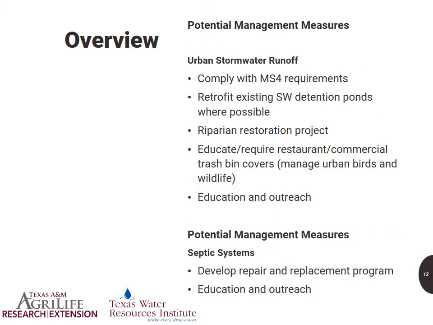For urban stormwater runoff, we don't have a lot of urban areas here in the watershed. We're mostly rural, but some of the big things that we wanted to address in our urban areas was kind of increasing the development of green stormwater infrastructure and restoration projects for some of the streams that run through these city centers, as well with all of the migratory birds, maybe having trash bin covers so that it reduces some of those birds that are hanging out a lot in those areas, and that also can then take the trash out and further litter throughout the area.